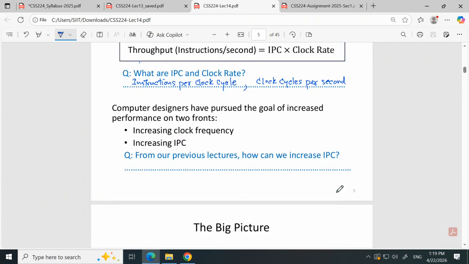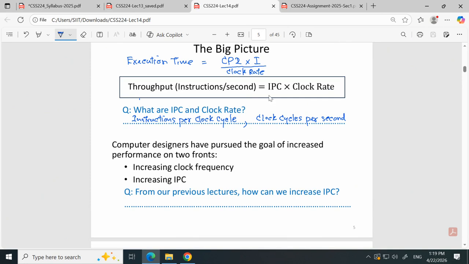So why do I need to point this out? When we need to improve the computer performance, according to this expression, how can we improve the throughput? The computer throughput. Increasing the clock frequency, okay?